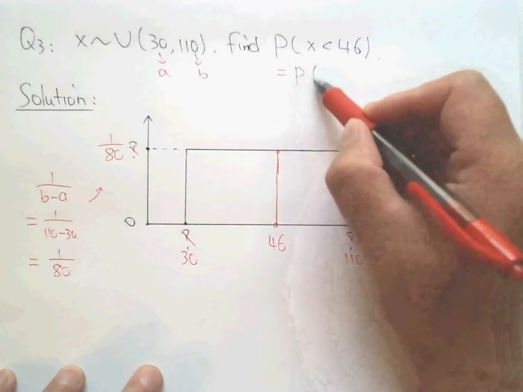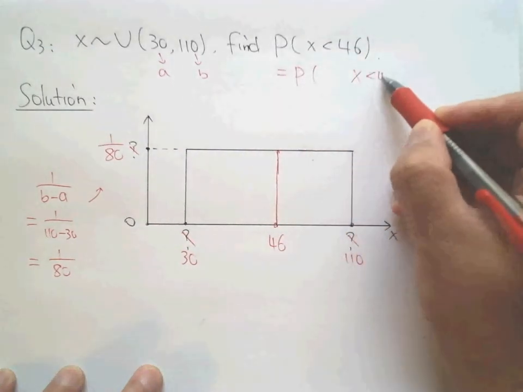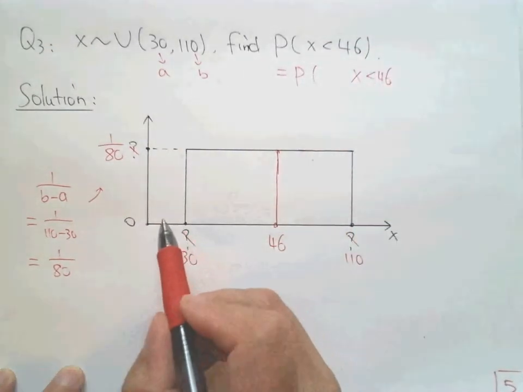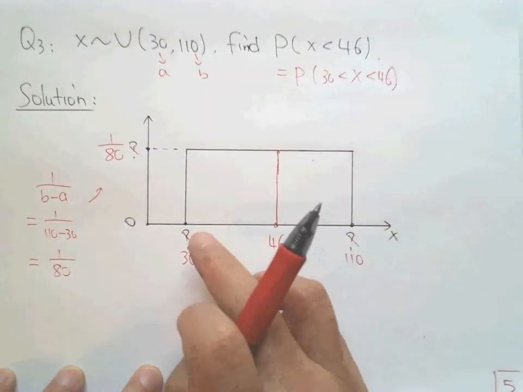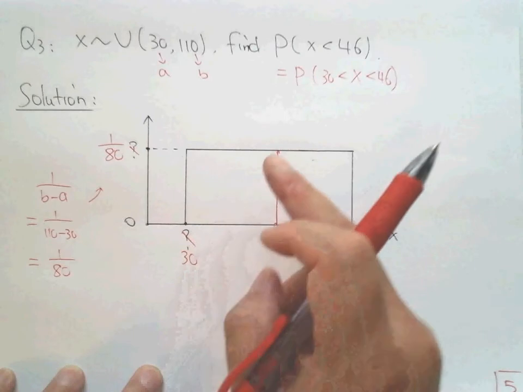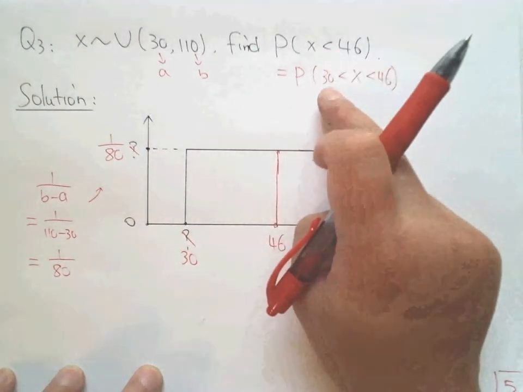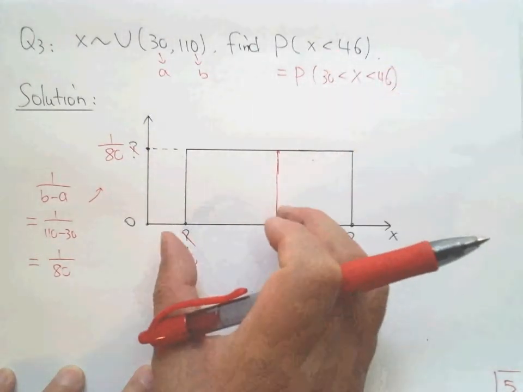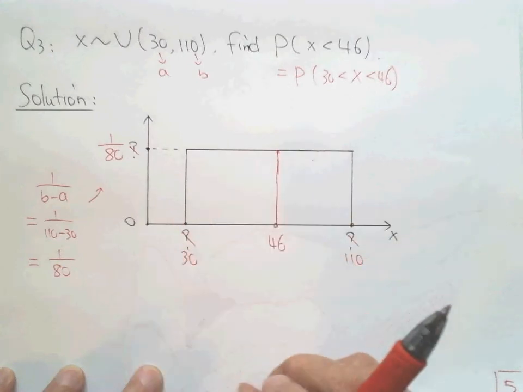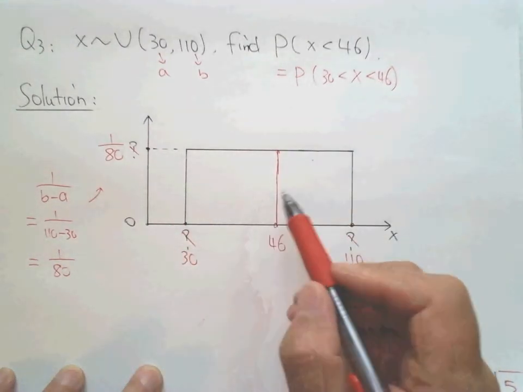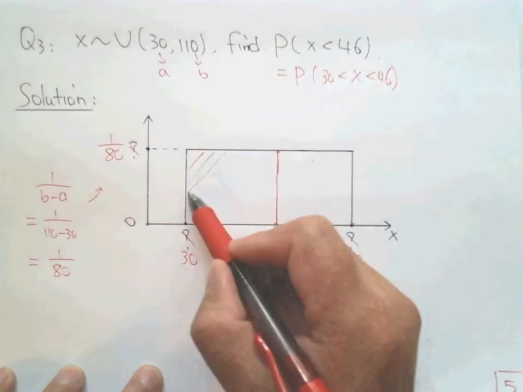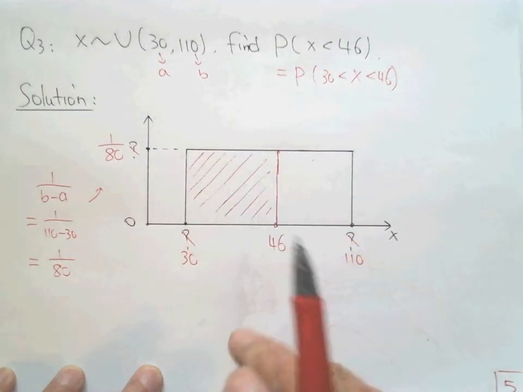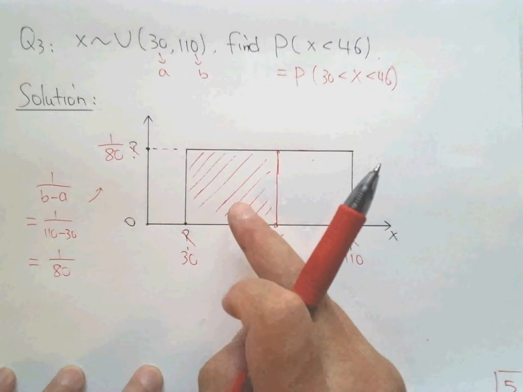Have you seen? So we can write this probability exactly this way: x is less than 46 and more than 30. Why? Because 30 is the minimum value for x. Therefore, x is between 30 and 46. If you look at the graph, it definitely tells us this. Now I highlight.